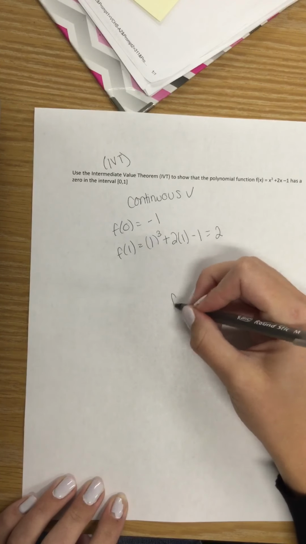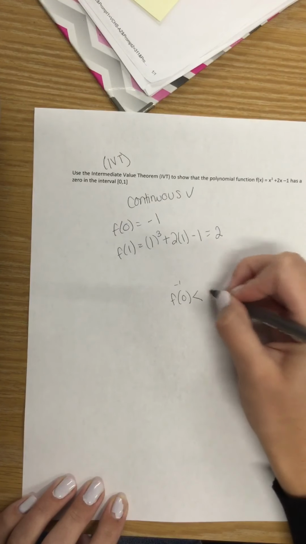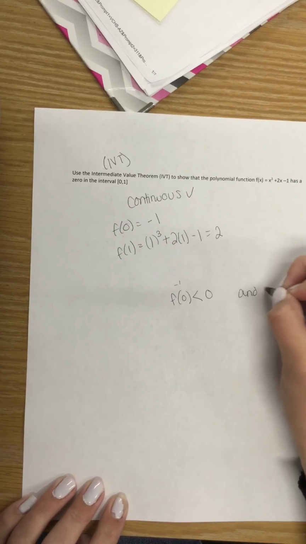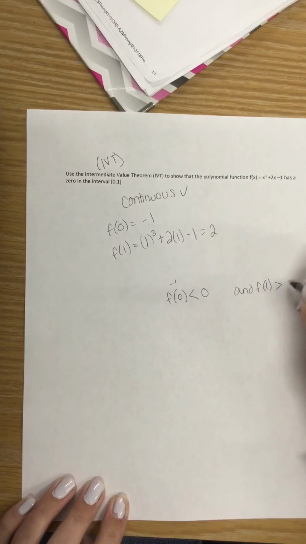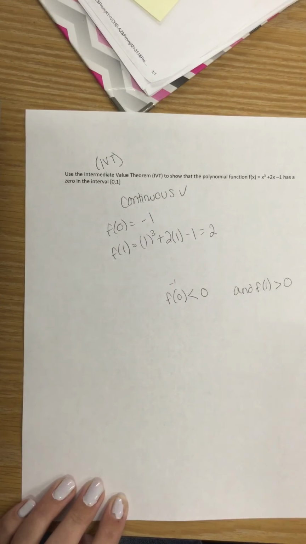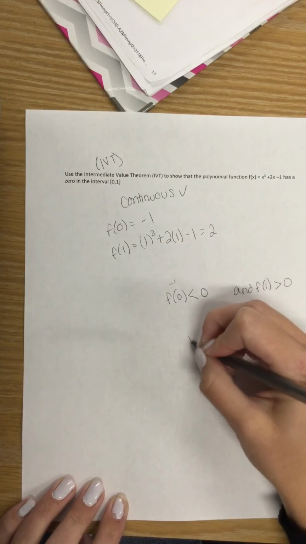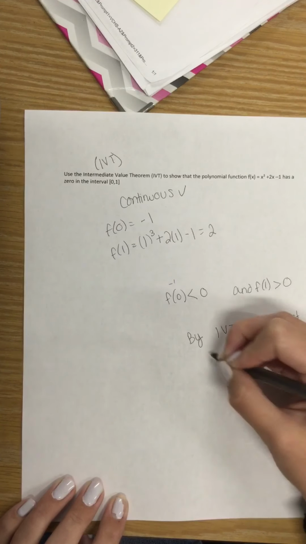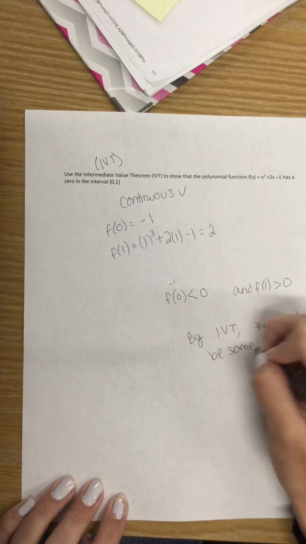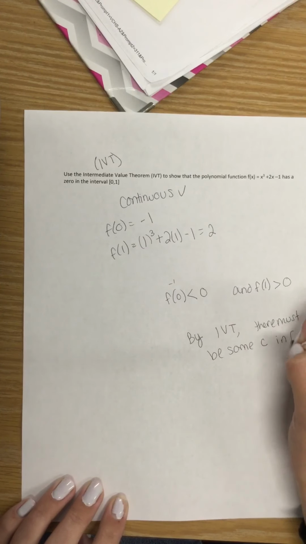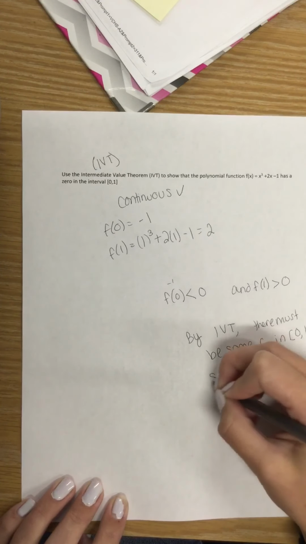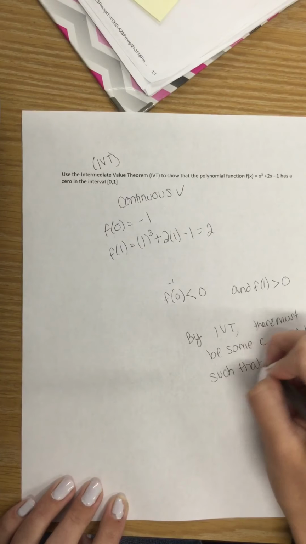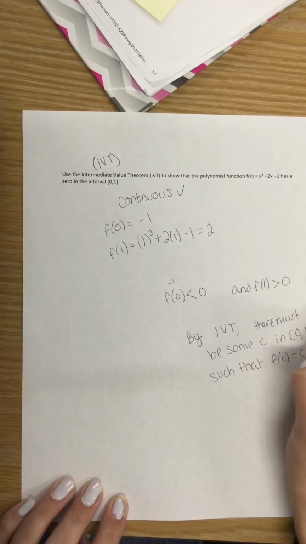So we know f of 0, which was negative 1, is less than 0, and f of 1, which was 2, is greater than 0. So by the intermediate value theorem, there must be some c, and that just means some value, in 0 to 1, such that f of c equals 0.